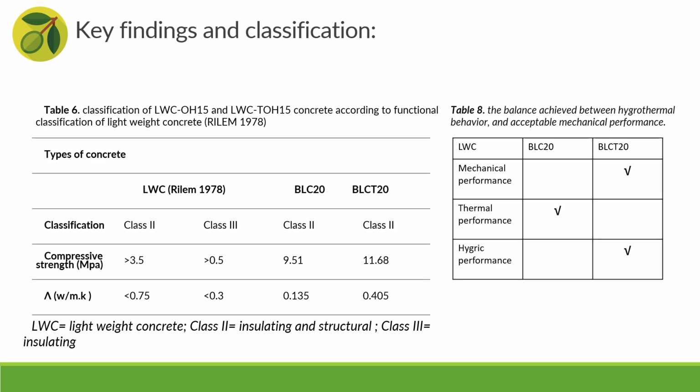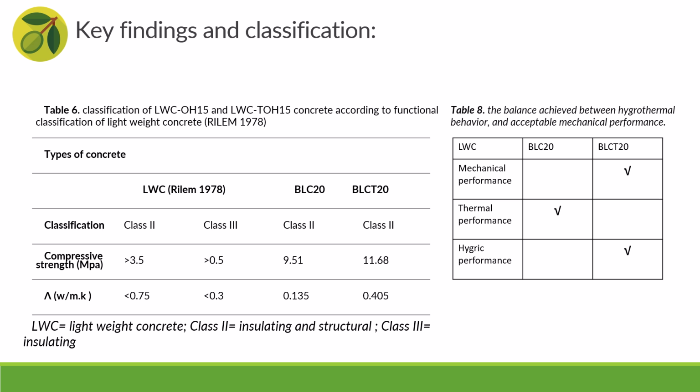Performance assessment. This table shows the classification of this study's concrete according to the RILEM lightweight concrete classification. Both untreated husk concrete BLC20 and treated husk concrete BLCT20 fall into class 2 lightweight concrete. This classification is based on a compressive strength threshold above 3.5 megapascal and thermal conductivity below 0.75, both of which are clearly satisfied by the mixes.